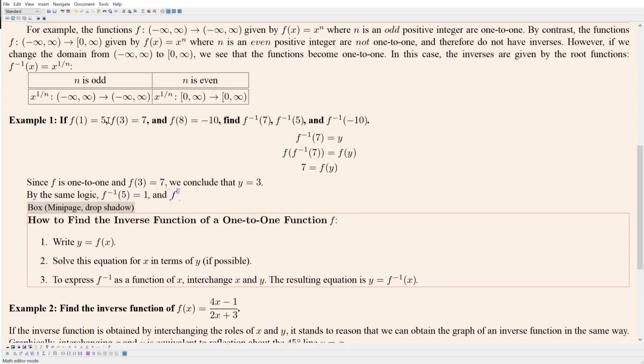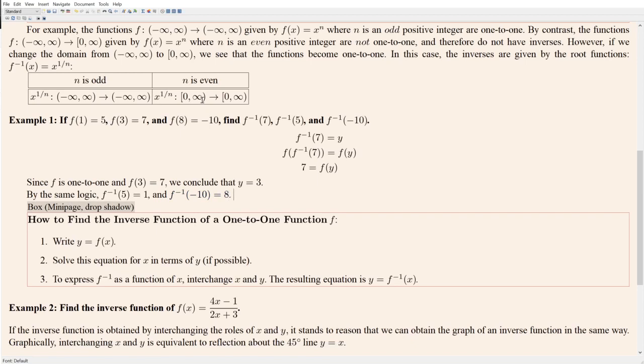And f inverse of -10, well, what gets mapped onto -10? It's 8. Okay? So literally, in this equation here, we are taking the f and moving it to the other side. That's literally all that's happening. It's very simple.